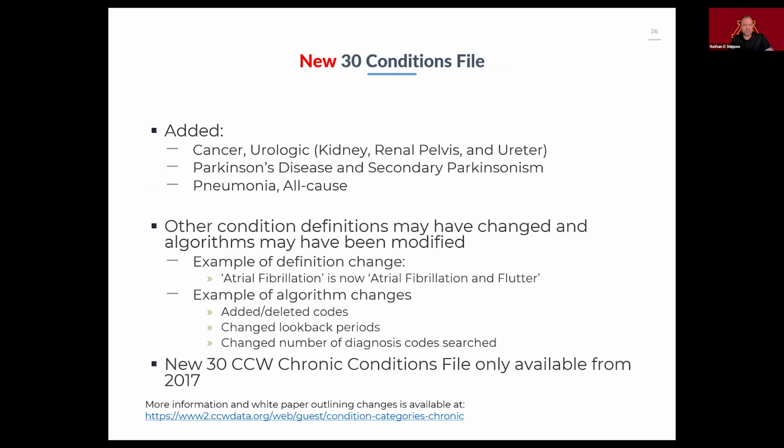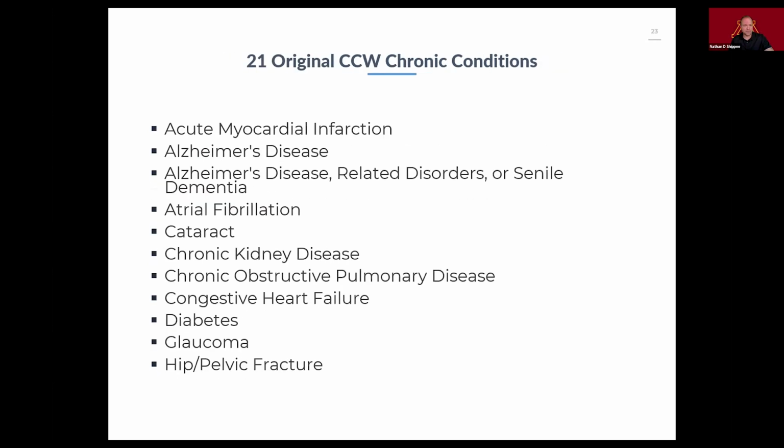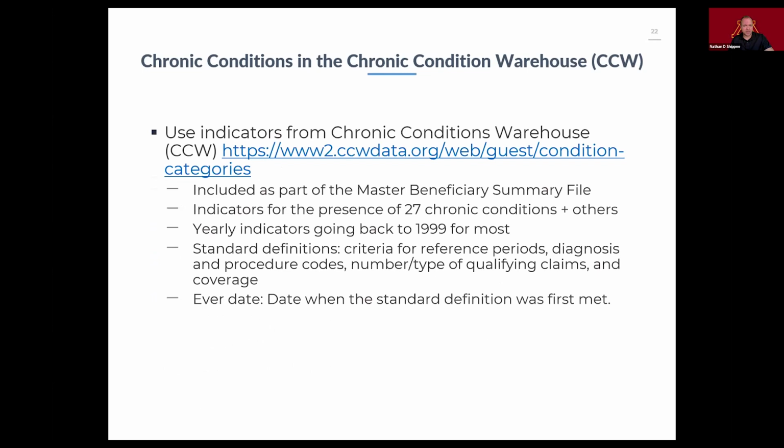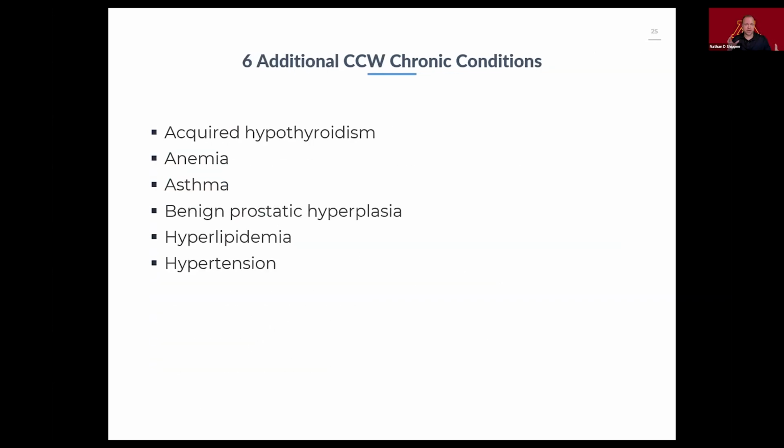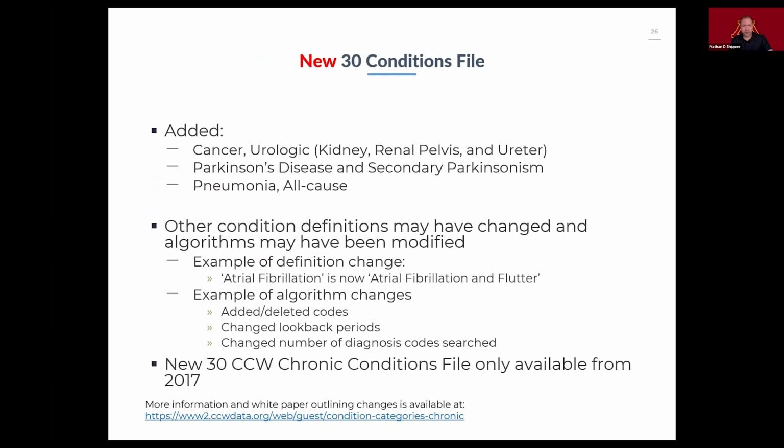So if you see a set that is not 27 but is now 30, this is why. Originally I said 27 on the slide introducing this, but it has fairly recently been amended to this 30 chronic conditions file.